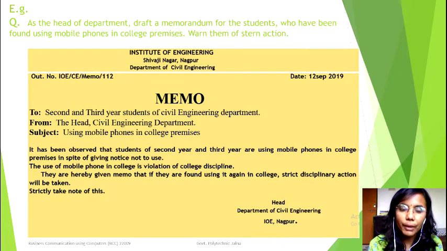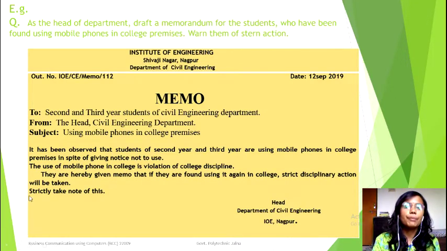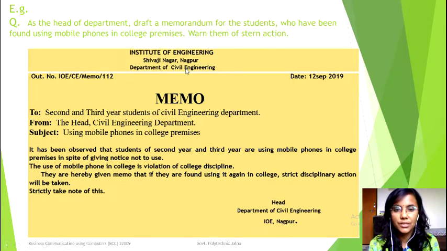As the head of department, draft a memorandum for the students who have been found using mobile phones in college premises. Warn them of stern action. As with the notice, you have to prepare the format, the name and address of the institute. Here we have taken Institute of Engineering, Shivajinagar, Nagpur, Department of Civil Engineering.